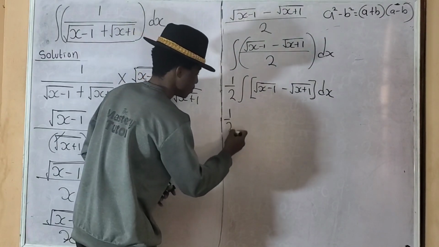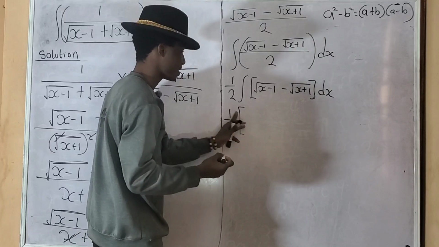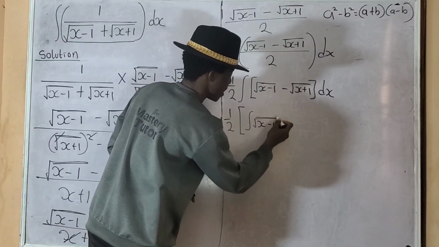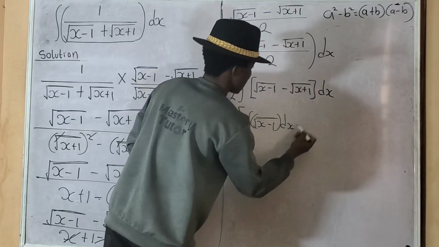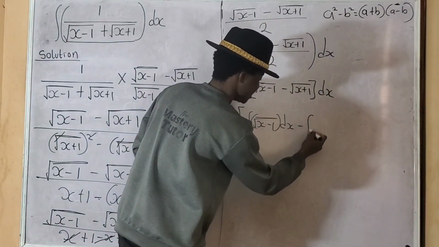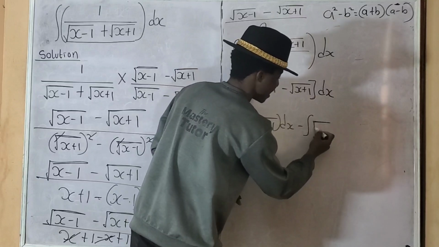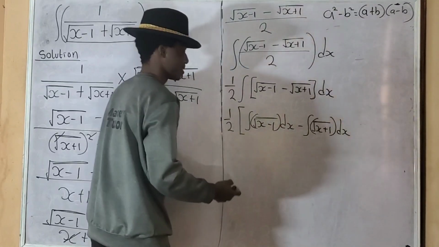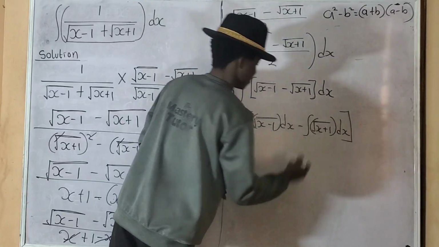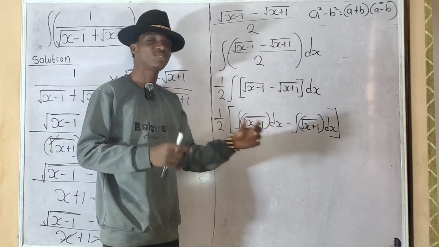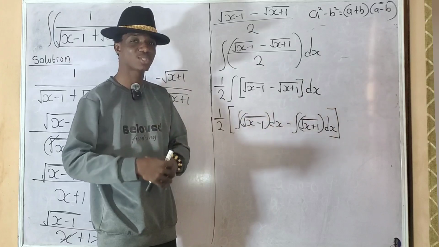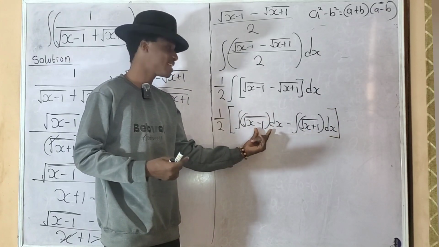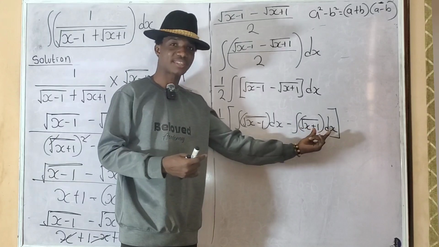I'm going to have 1 over 2, open the bigger bracket, integration of root of x minus 1 dx, minus the integral of root of x plus 1 dx. Having gotten to this point, you're going to make use of the substitution method of integration to integrate root of x minus 1 dx and root of x plus 1 dx.